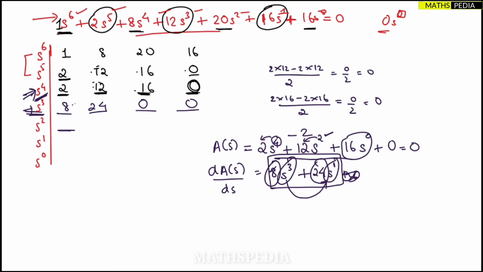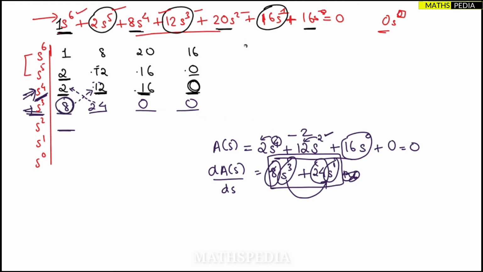Again the same thing. 8 into 12 minus 24 into 2, divided by this element, that is 8. That is equal to 96 minus 48 divided by 8, that is 48 by 8, which is equal to 6.